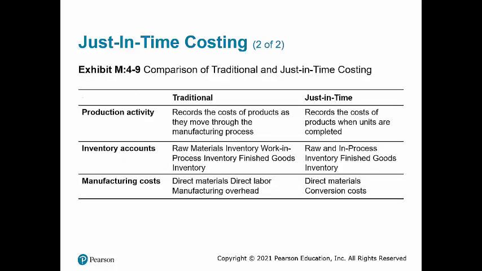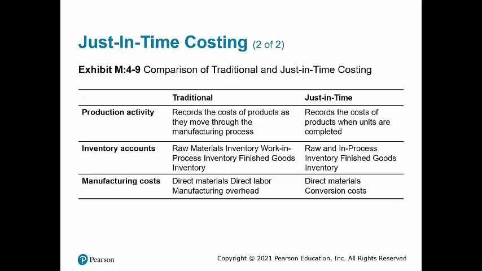This slide compares traditional and just-in-time costing. In traditional costing, the cost of the products are recorded as they move through the manufacturing process. In just-in-time, the costs are recorded when the units are completed. In traditional costing, we have 3 inventory accounts: raw materials, work in process, and finished goods inventory.